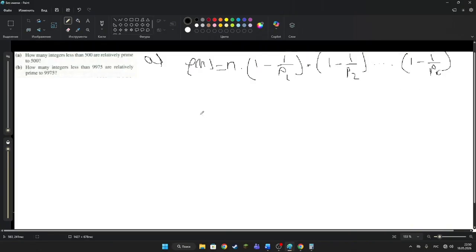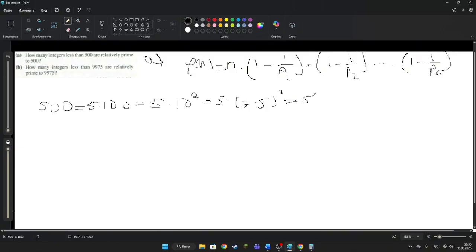So what is the 500? 500 is 5 multiplied by 100, that is 5 multiplied by 10 to the power of 2, and we also can open this as 2 multiplied by 5 to the power of 2.